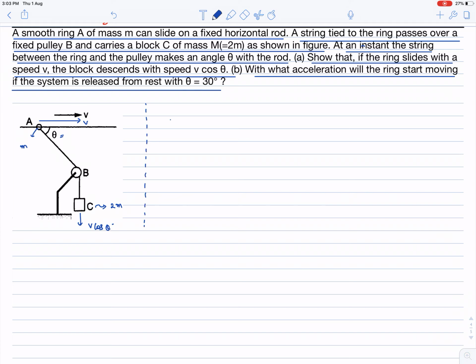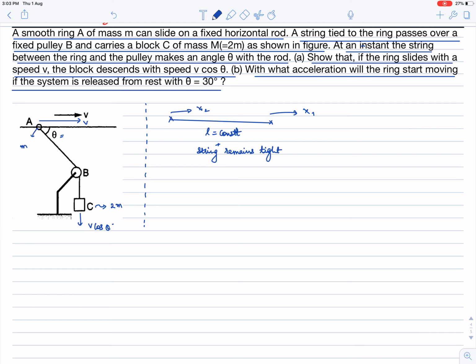The first part of this concept is based on the string constraint, where it's a very simple thing that in these cases the length of the string is constant. If the length of the string is constant, let's say the front part of the string moves with x1 forward and the back part moves with x2 forward. Another fact over here is that the string in these cases remains tight.